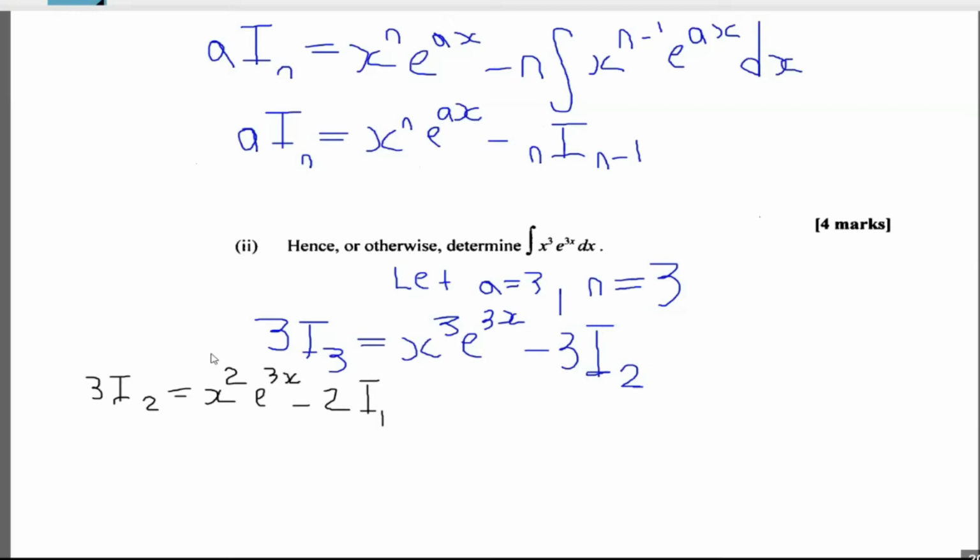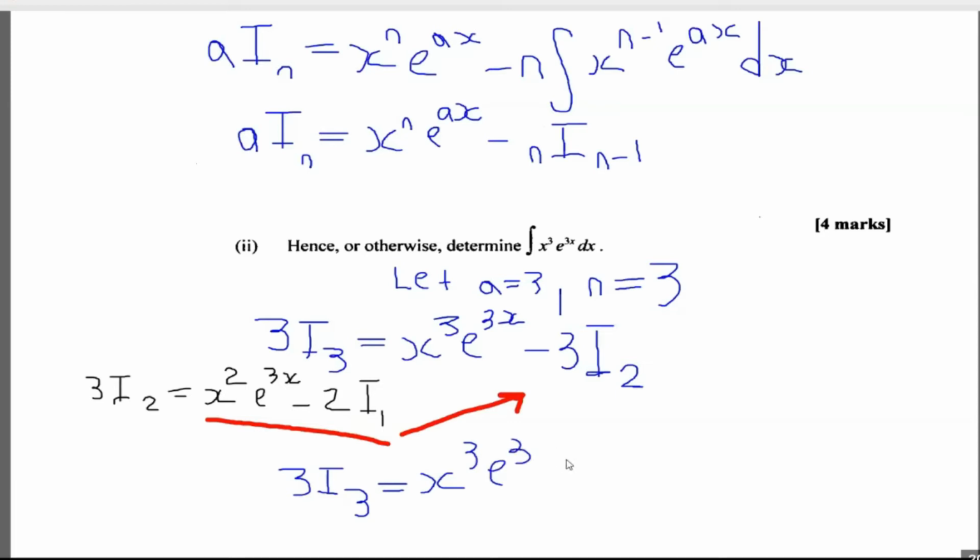Look how almost good so far. So I'm going to substitute all of this in this. And so what I'm pretty much saying is that 3I3 in reality is equal to x cubed e to the 3x minus, now it's minus all of this that we have over here.